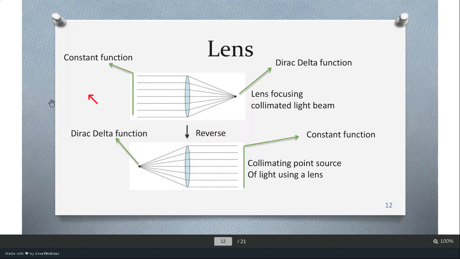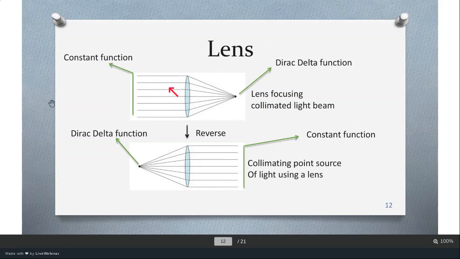Now I will describe this process in a different way. Imagine the collimated rays, which are the input here, can be called a constant function.